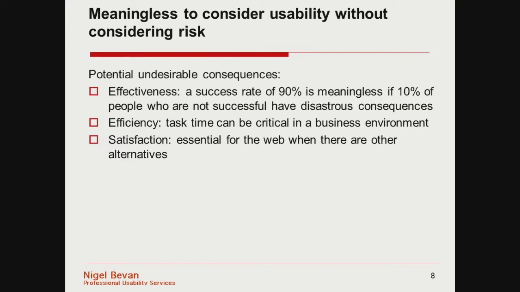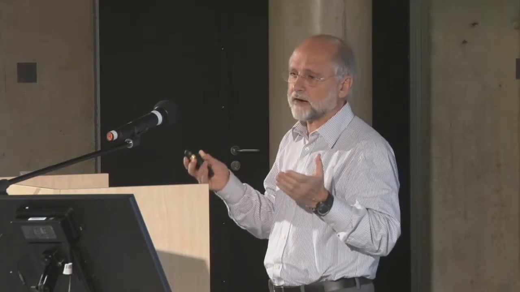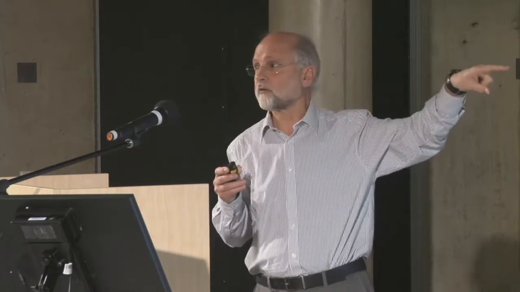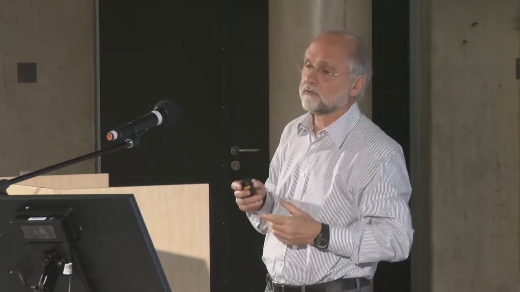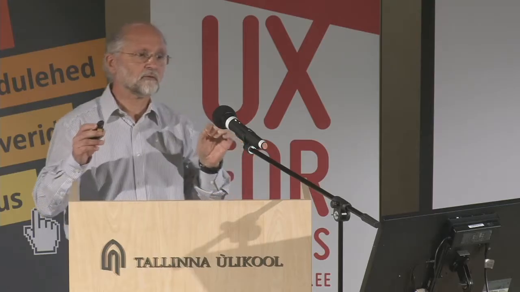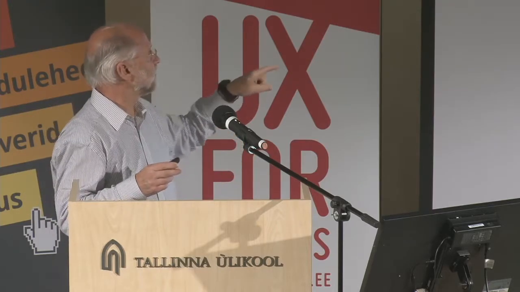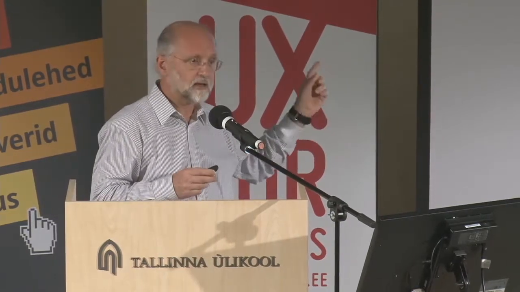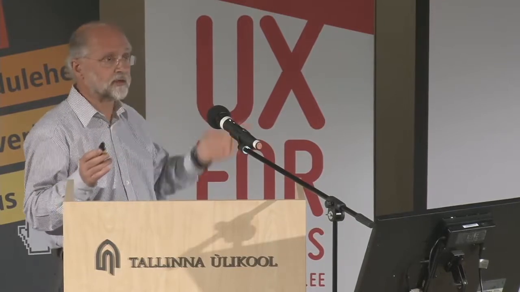If they just try again and they've got a way around it, it doesn't really matter. But perhaps those other 10% of people will run into real serious problems as a consequence of not completing this task correctly. If that's the case, you'll be much more concerned about the risks for the 10% of people who don't complete the task correctly than you would be about the 90% who do succeed.